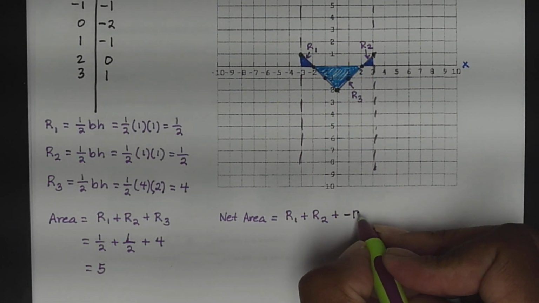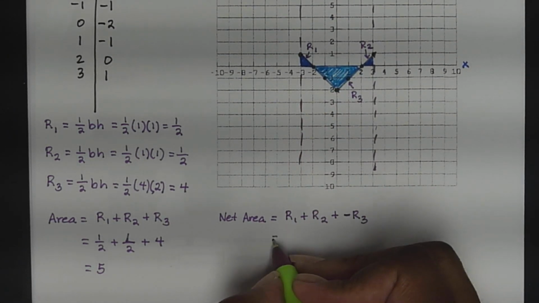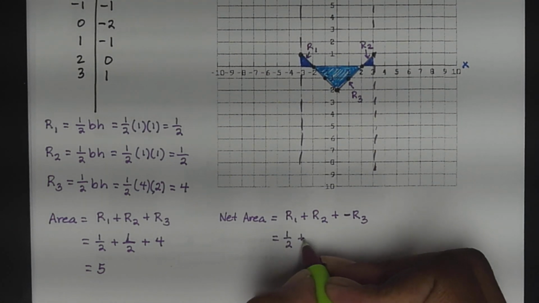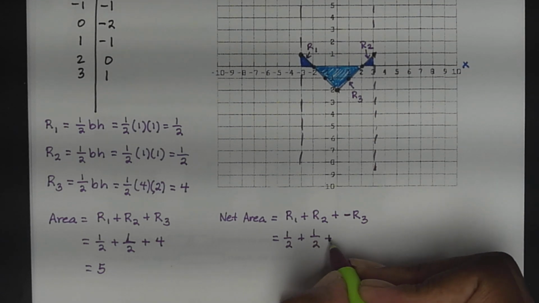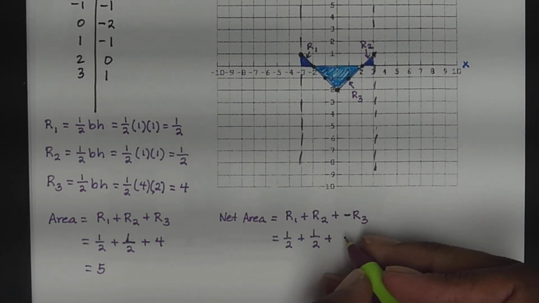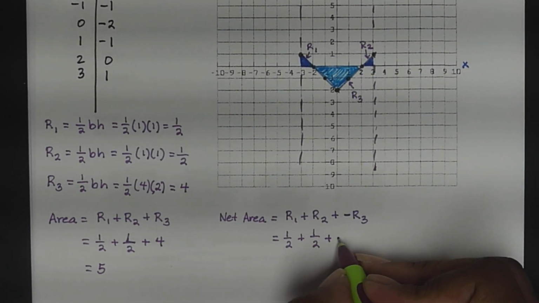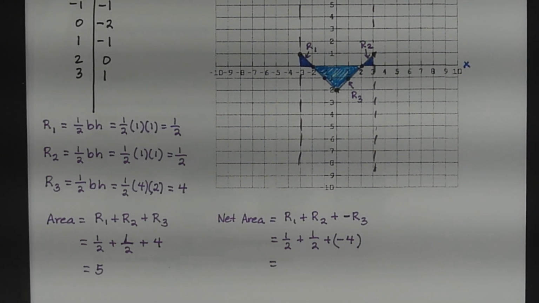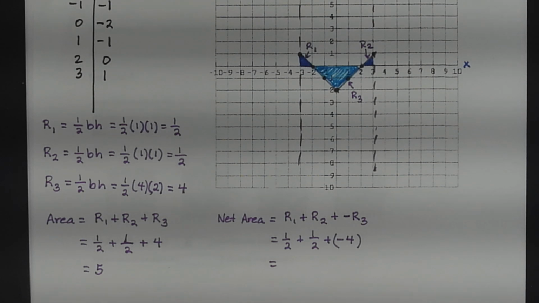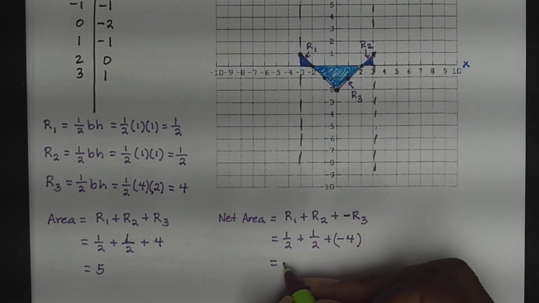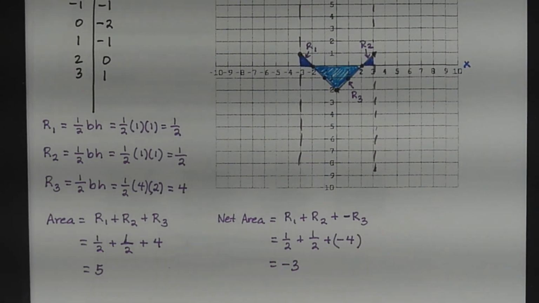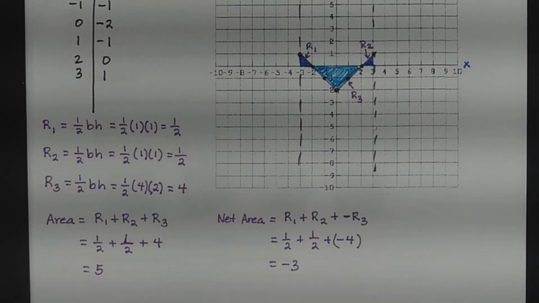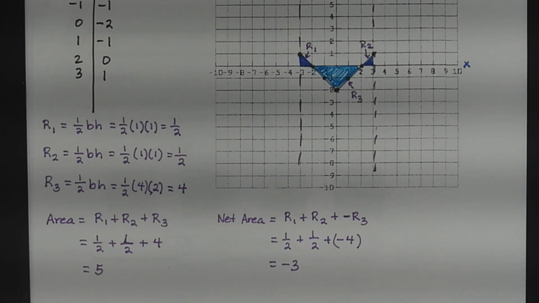So I have to say negative the area of R3, or region 3. Well, R1 was 1/2, plus R2, that's 1/2. But this time R3 was 4, but it's below the x-axis, so it has to be negative 4. And then we add those together. 1/2 plus 1/2 is 1. 1 plus negative 4 is negative 3. So the net area of this region will be negative 3.